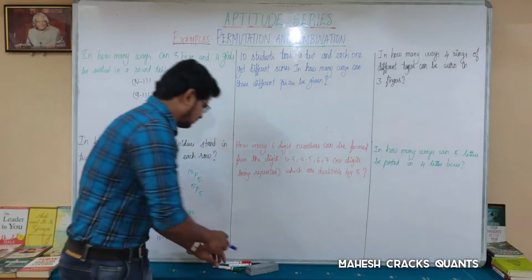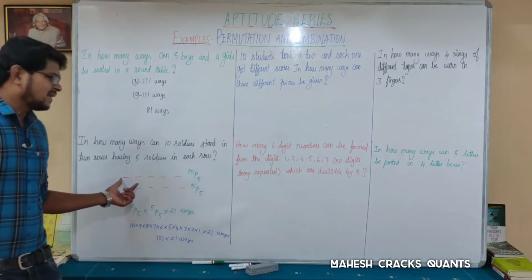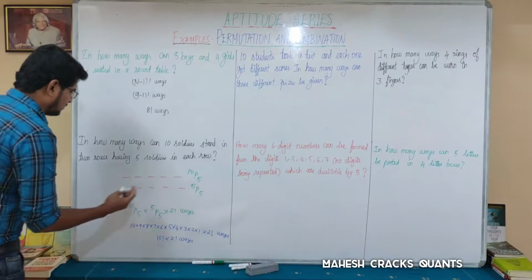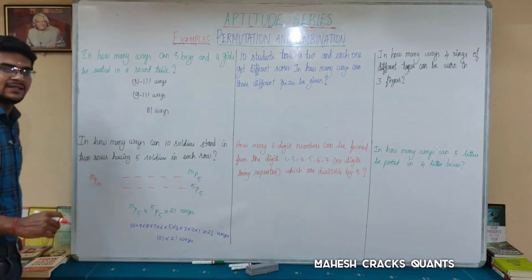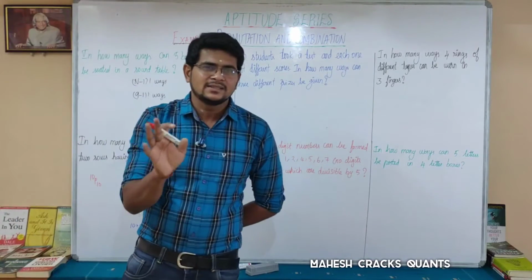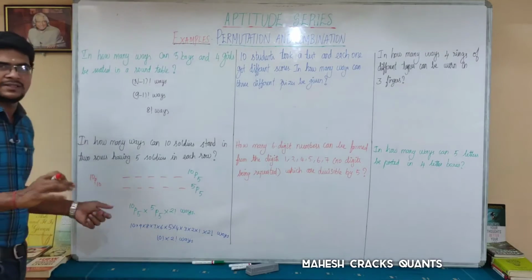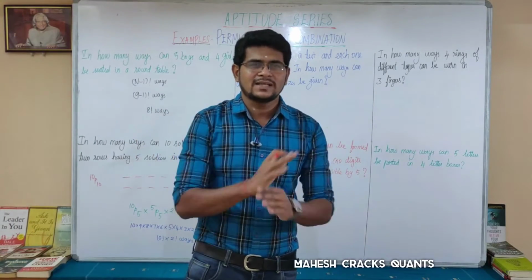Here, listen. The other way is very simple. You are arranging 10 members in 10 seats. Directly you can place this as 10 members arranged in 10 seats, which can be done in 10P10, which is nothing but 10 factorial.